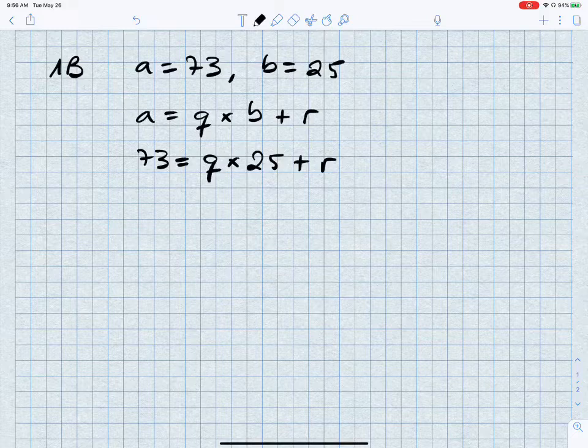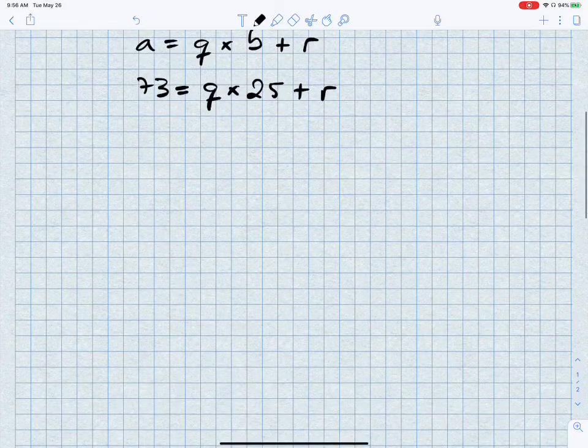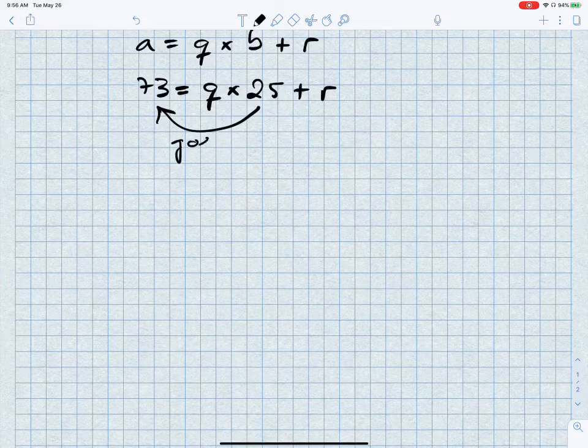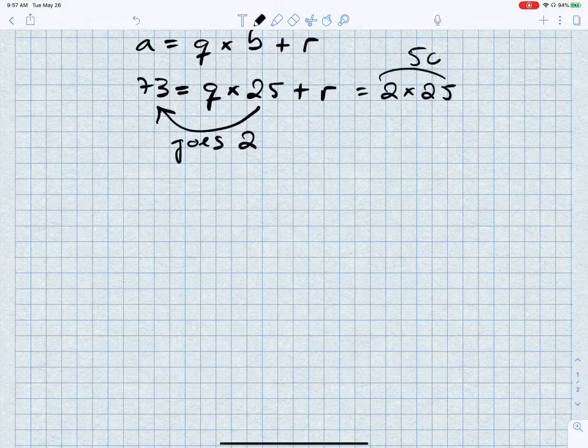All right, so we can now find out how many times 25 goes into 73, and it goes in twice. Right? 2 times 25 is 50. If we choose 3 times 25, it would be 75, which is bigger than 73. So we have that 2 times 25 gives you 50, and we would have how much further to get to 73?